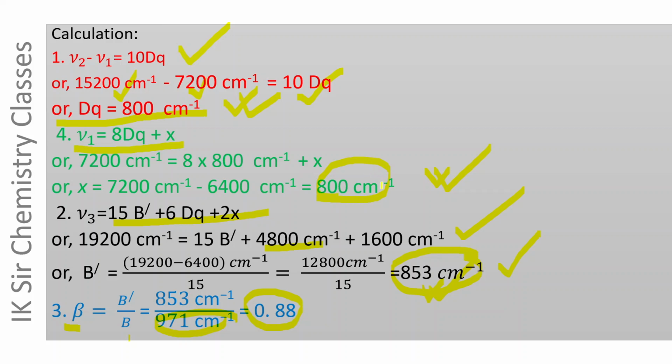Here the value of x is 800 cm⁻¹, while in the previous problem the value of x was more than 4,000 cm⁻¹. Try to find out the reason behind it. It will be asked in the classroom.